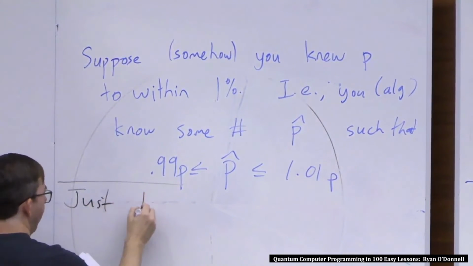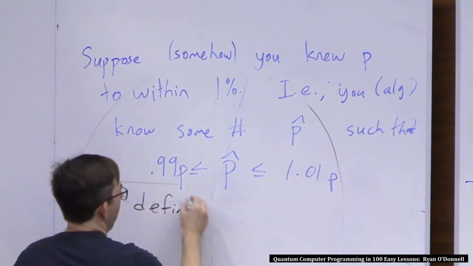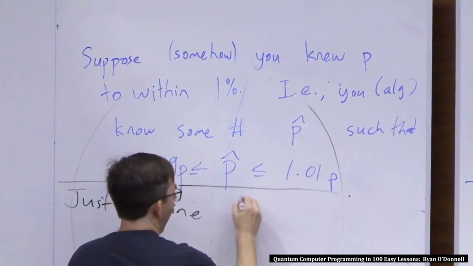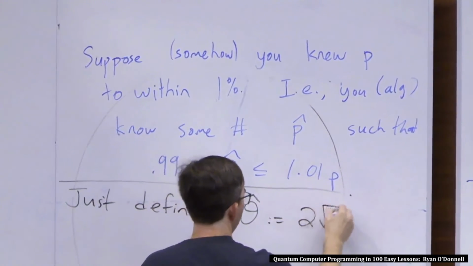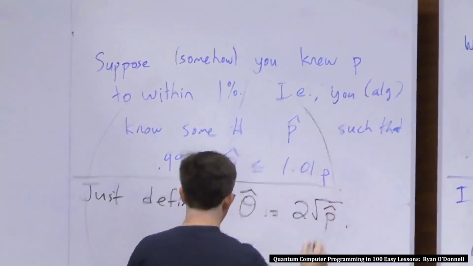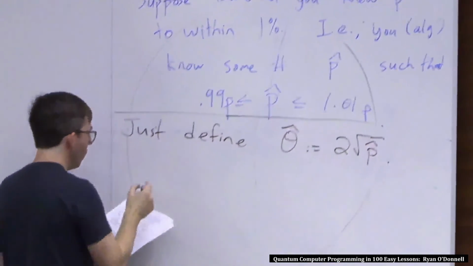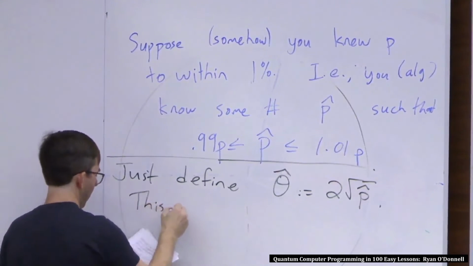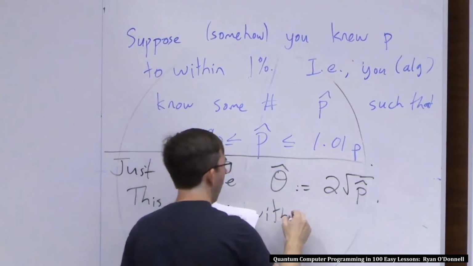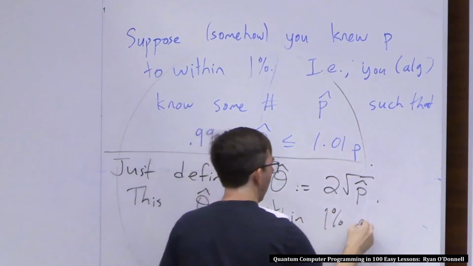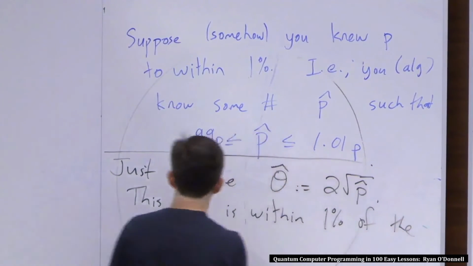So just define theta hat to be 2 square root p hat. And then you can check that this theta hat is within 1% of the ideal theta.